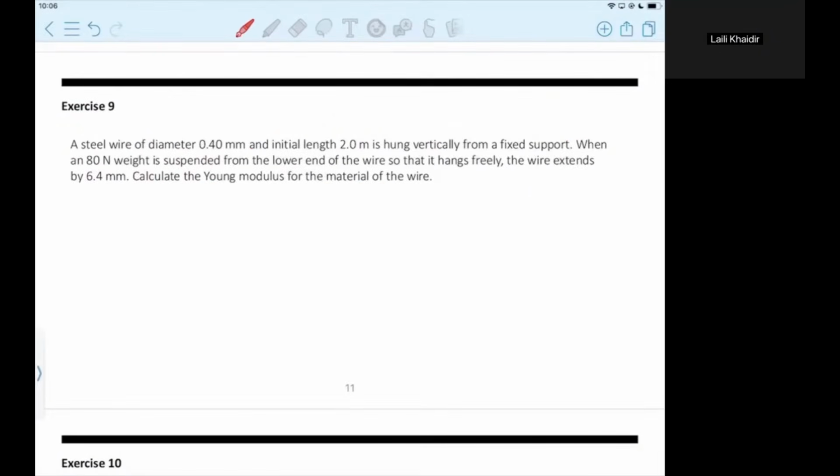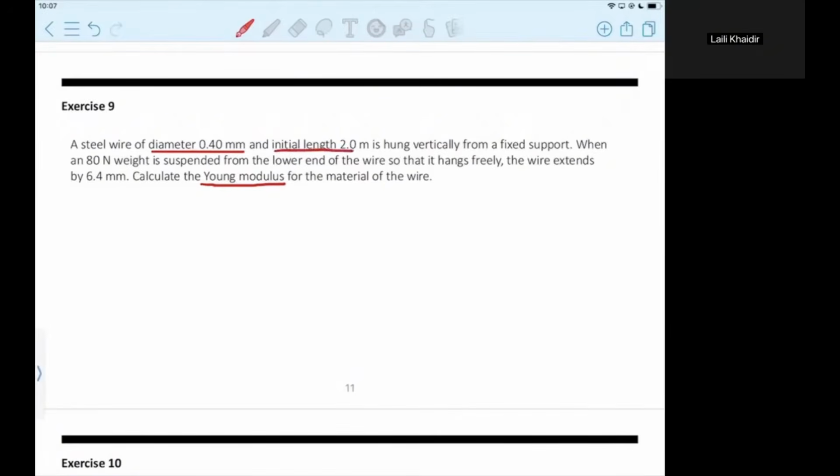What is question number 9, Luke? It is asking us to find the Young modulus, where the values are given, most of those not in SI unit. So again, we have to do conversion. A steel wire of diameter 0.4 millimeter. What else do we have?